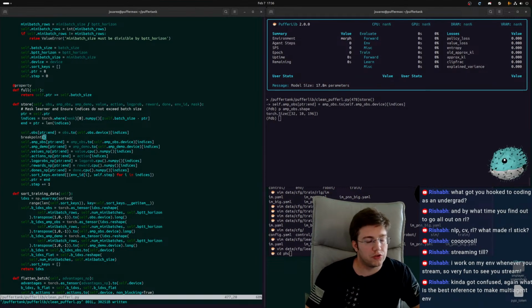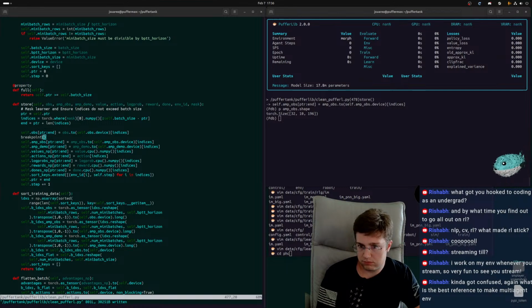Well, what am I supposed to do with that? Wait, that doesn't even make sense, because how can it be 10 steps? AMP obs should come from the current state of the simulator. How could you possibly have 10 steps? Right, this is literally based on your current state.